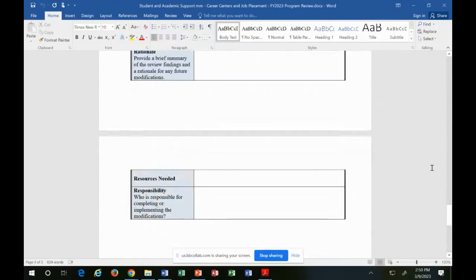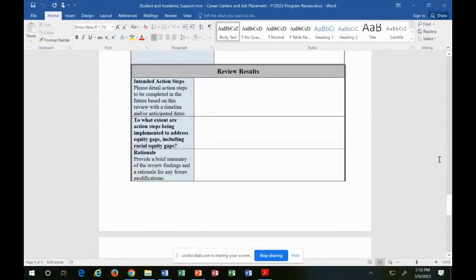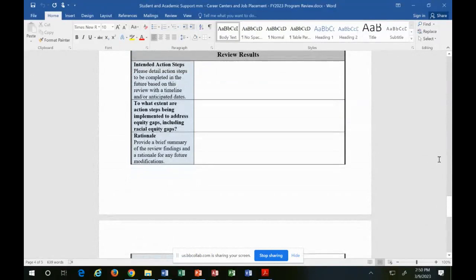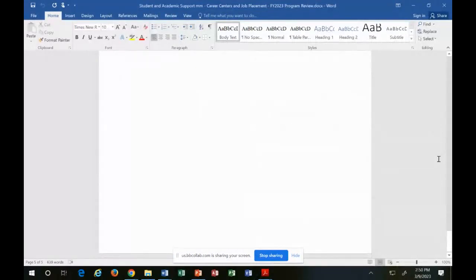And then coming to the bottom here, similarly, just a summary of the report once you get through the whole thing. I think that covers those specifics. Are there other questions?